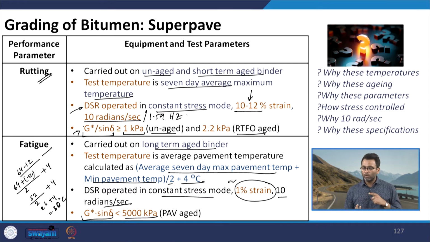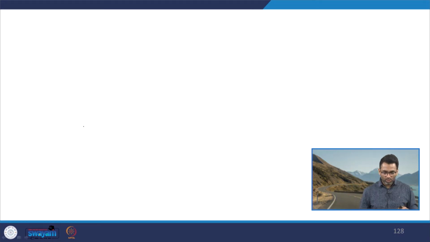These questions can be: why these temperatures are chosen, why these aging conditions are chosen, why these parameters have been considered, how the DSR is stress controlled when we are saying that we are targeting some strain values, why 10 radians per second is used and not any other frequency to do the test, and why the specifications have been laid down as 1 kPa, 2.2 kPa or 5000 kPa. So, let us answer these questions one by one.